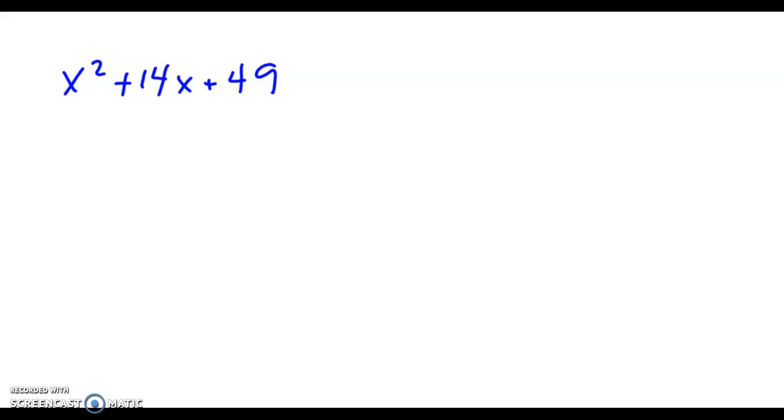But if you do notice that this is a perfect square, and this last term is a perfect square, if that catches your eye, then you can factor it right away using your memorized steps for a perfect square trinomial.